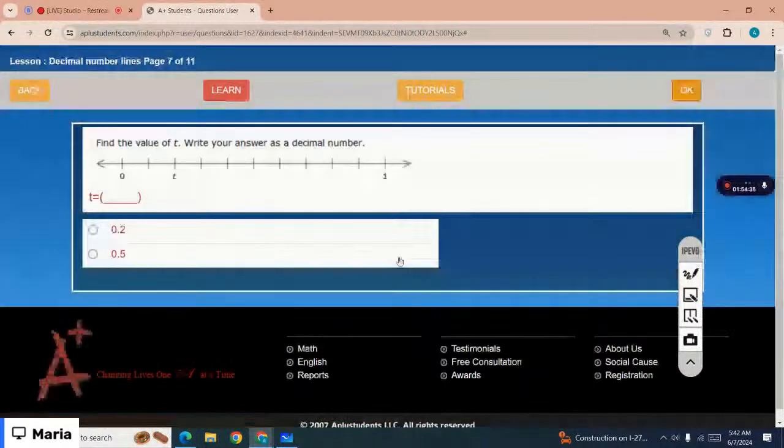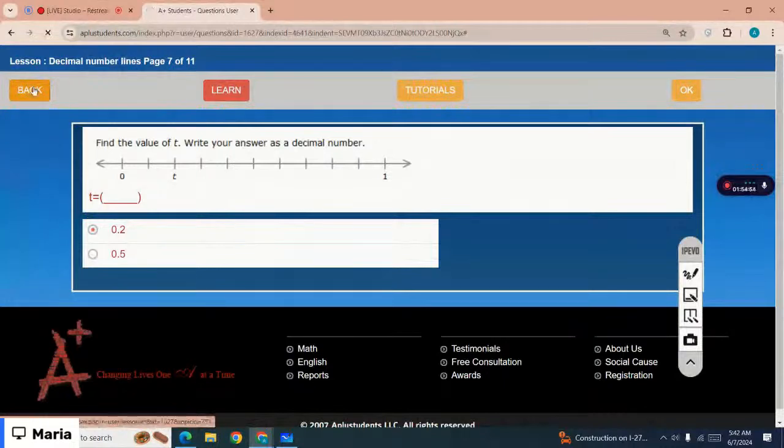Find the value of t. That is 0.2. Okay, you can complete the lesson by yourself later today.